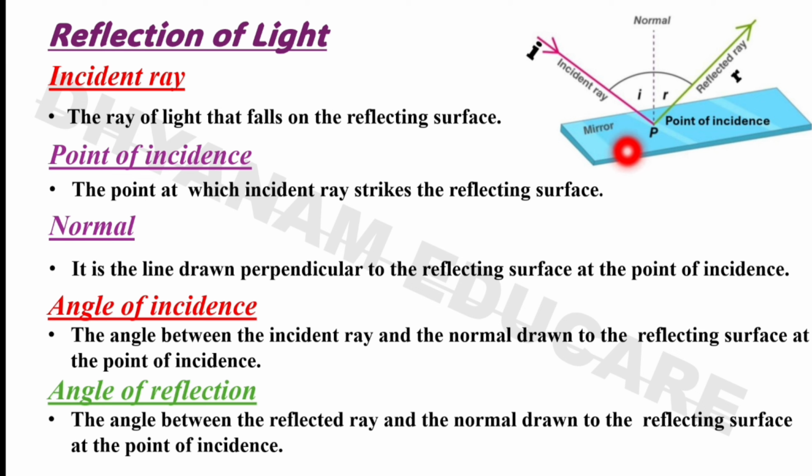This one is the angle of incidence, the angle between the incident ray and the normal drawn to the reflecting surface at the point of incidence, and the angle between the reflected ray and the normal drawn to the reflecting surface at the point of incidence is the angle of reflection. Okay, got it?